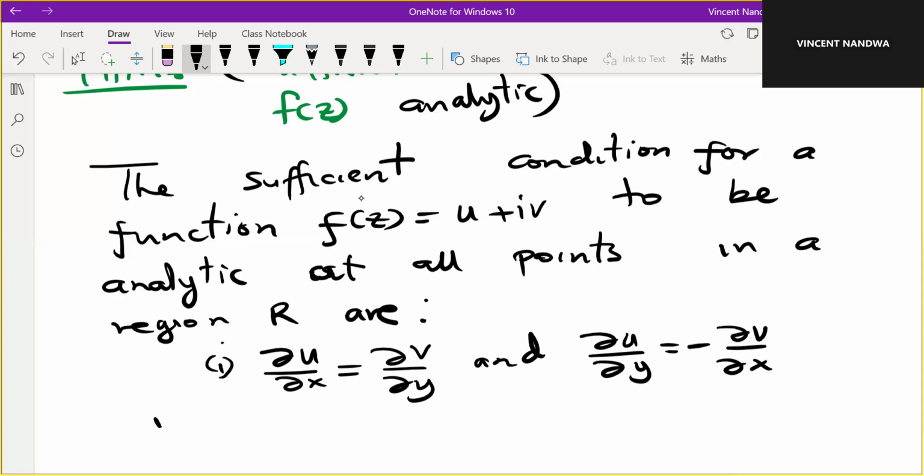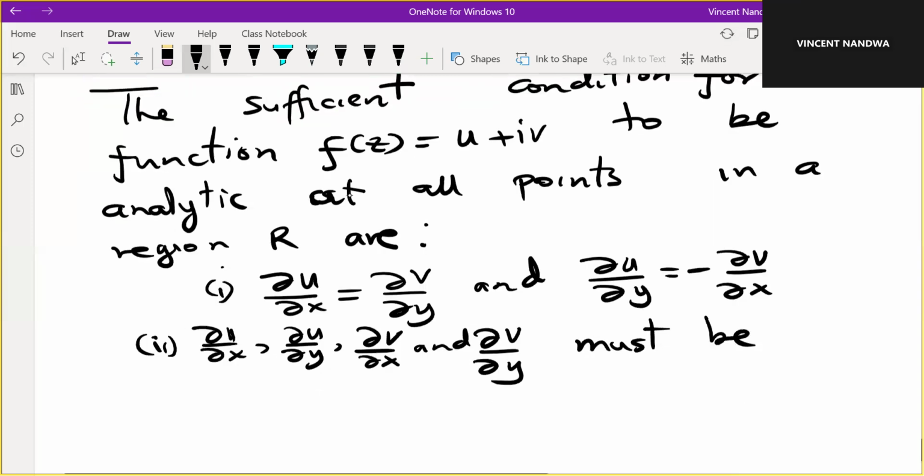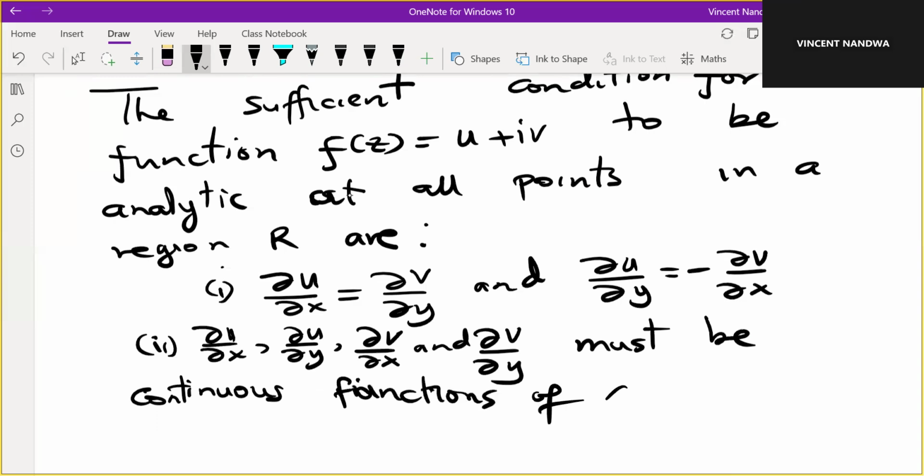And the second condition is that partial u partial x, partial u partial y, partial v partial x, and partial v partial y must be continuous functions of x and y in R. So you can get the proof from the textbook.